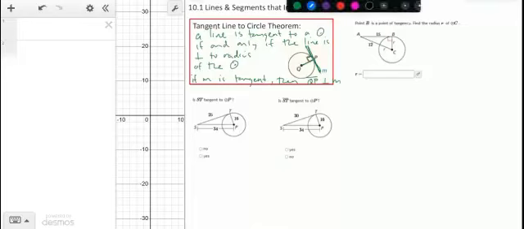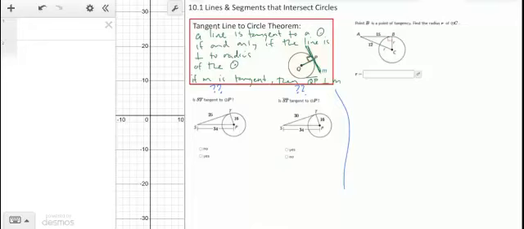So you're going to be asked two different sets of questions regarding this. The first is going to be one that just asks, is this a tangent line? Okay, so what you can do on something like this is use that same converse of the Pythagorean theorem that we talked about, when testing to see if triangles are acute, obtuse, or right.